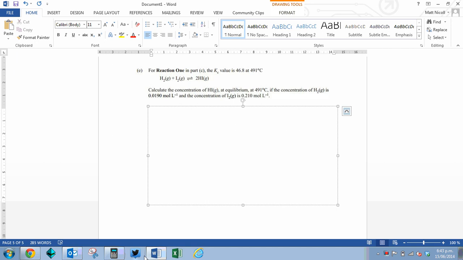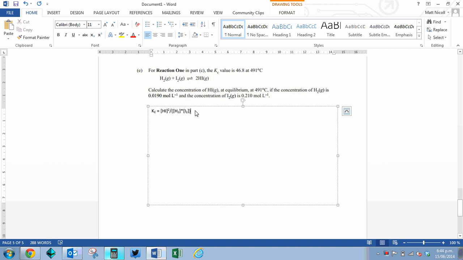So bear with me, this is not going to look pretty, but Kc equals the concentration of HI squared over the concentration of H2 times the concentration of I2. I'm sorry, it looks a bit messy with working in Word, but that's all there is to it. The squared is because of the 2 in front of the HI here.